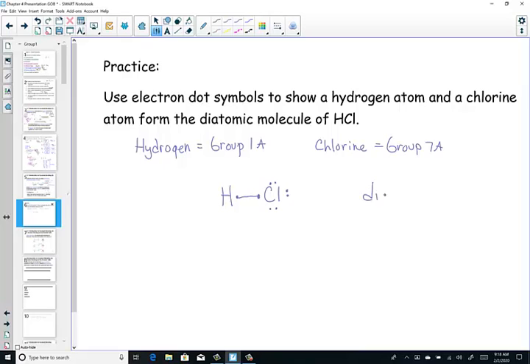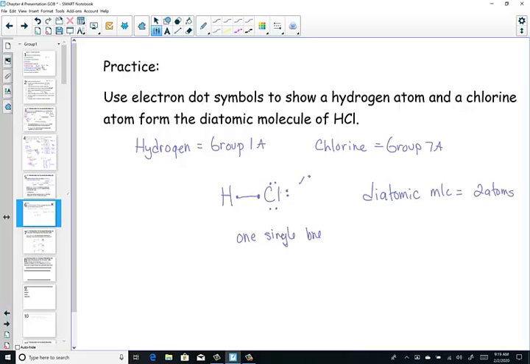This is a diatomic molecule because it's built of 2 atoms, but they're just different atoms. They're heteroatoms. One's a hydrogen, one is a chlorine. So HCl has 1 single bond, S-I-N-G-L-E, single bond.